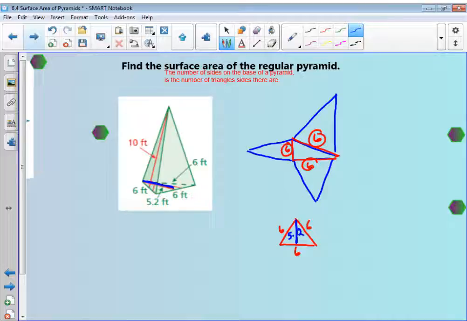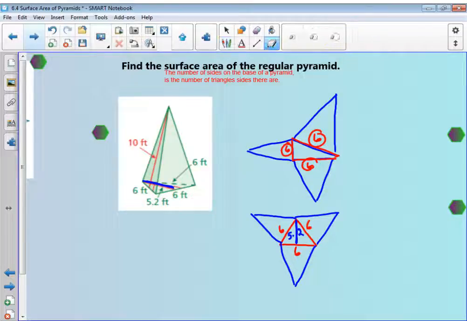So then coming off of each of these sides, I have triangles. Like I said, ignore how hideously horrible I am at drawing triangles. So now I have a better representation. I sketched one out so that I could see what was there, and then realized that this here is actually a regular, or equilateral, triangle.